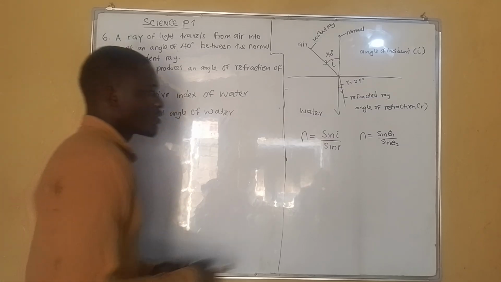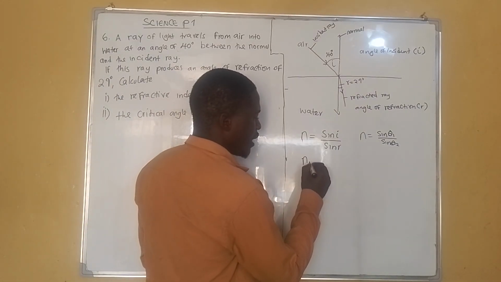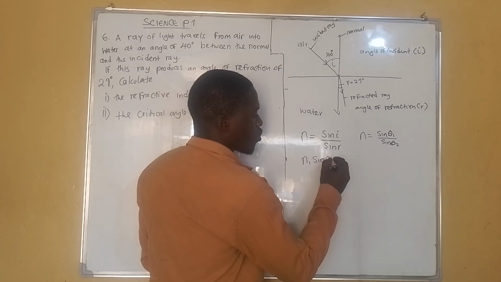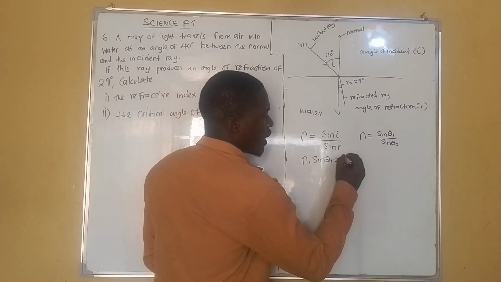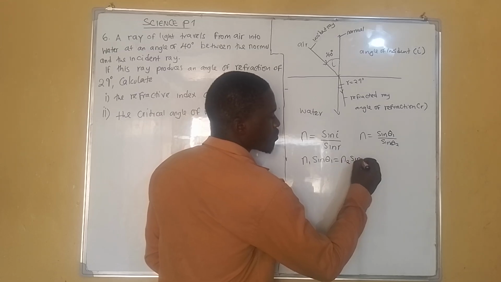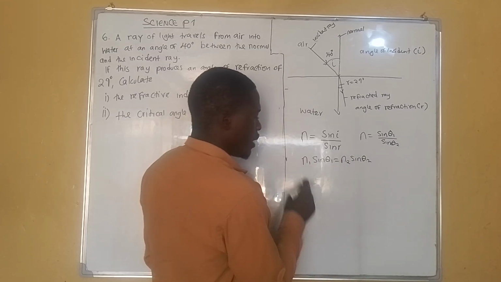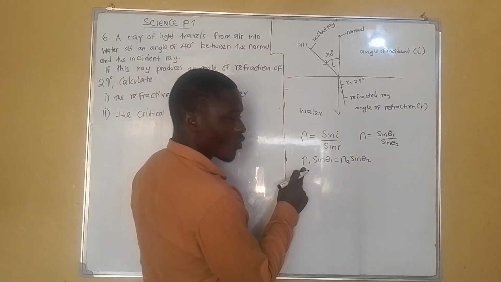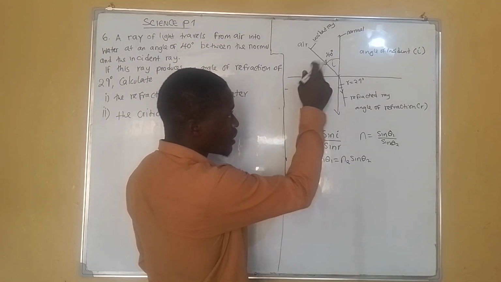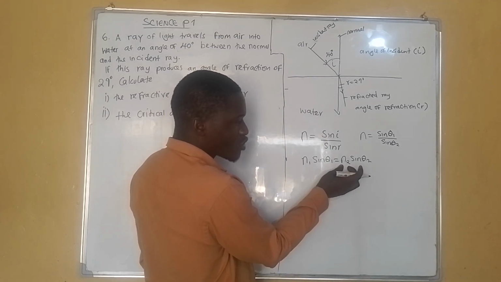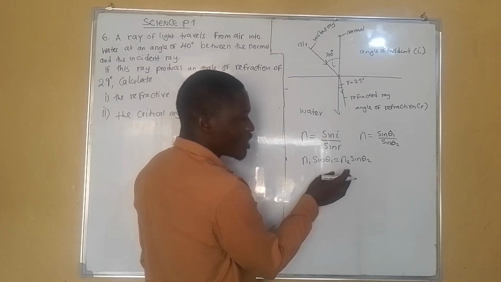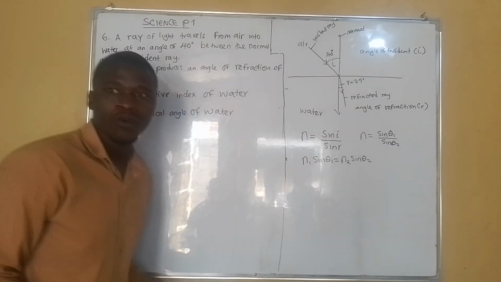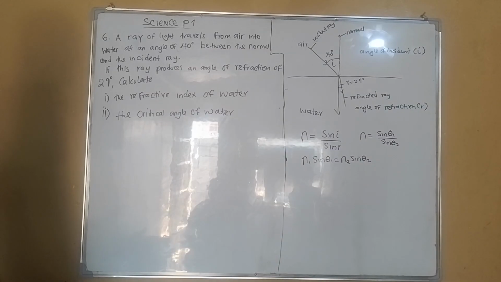So if you want, you can say n1 sine theta 1 is equal to n2 sine theta 2. n1 is the refractive index of air, and theta 1 here is in air, isn't it? And n2 now is the refractive index in water, and theta 2 is the refracted angle, which is in water.